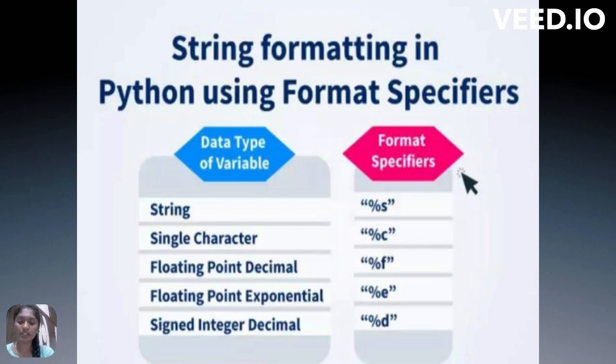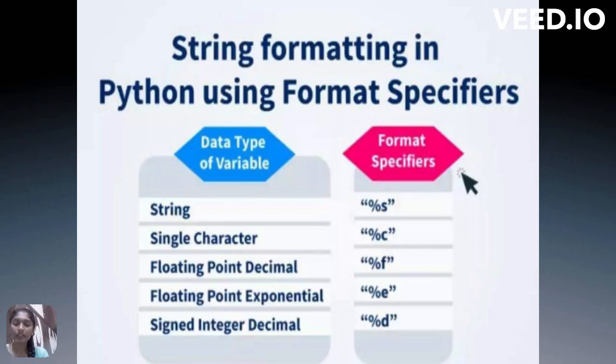Following is a table of the most commonly used format specifiers to define different types of input variables. In this table: data type of the variable is single character, format specifier is %c.